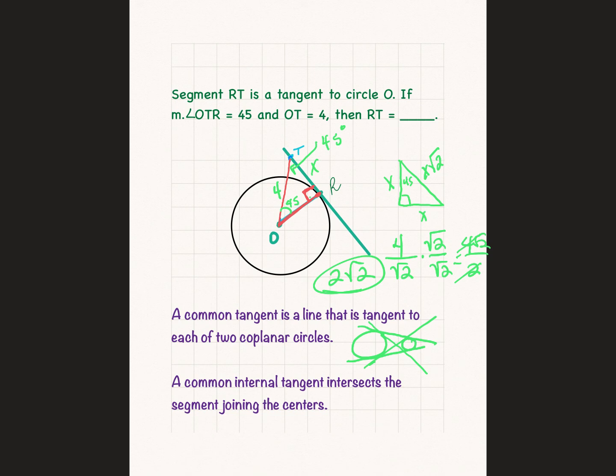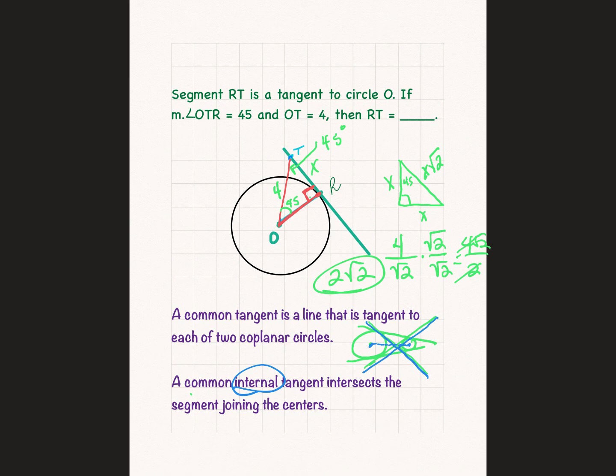And it talks about external and internal tangents. A common internal tangent intersects the segment joining the centers. So look, if I do a segment joining the centers of the circles, you can see that this tangent and that tangent are common internal tangents because they intersect that line.